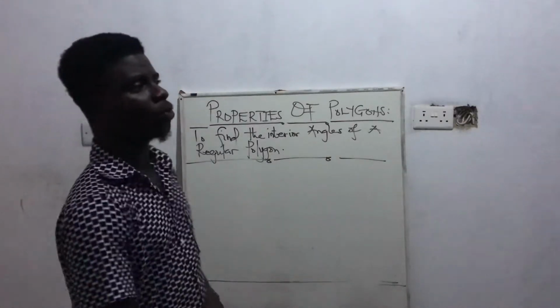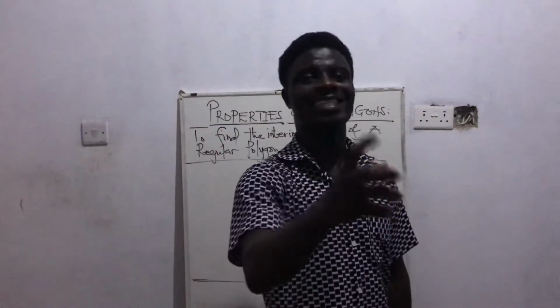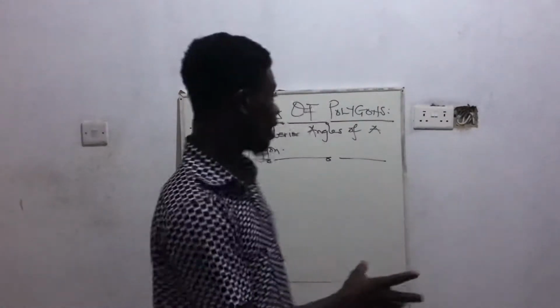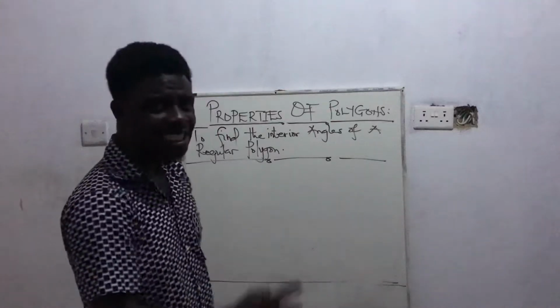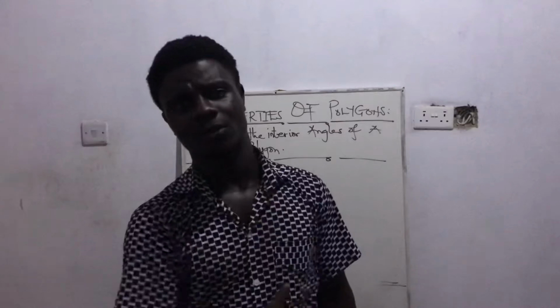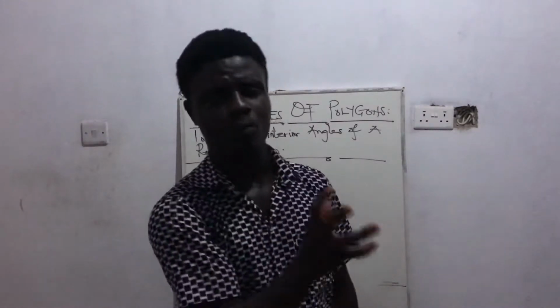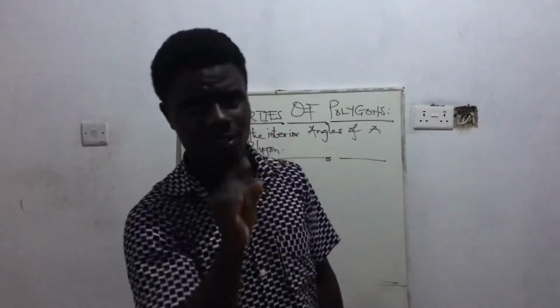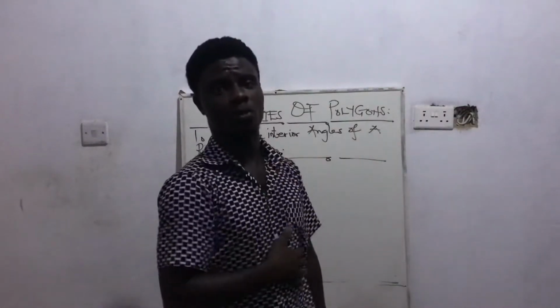In our last video, we learned how to find the sum of interior angles in a polygon. And now we want to find the interior angle, that means one angle. If you get the sum of the interior angles, how will you find the interior angle, that means one angle of that polygon?